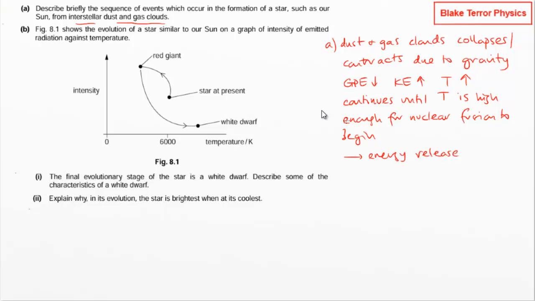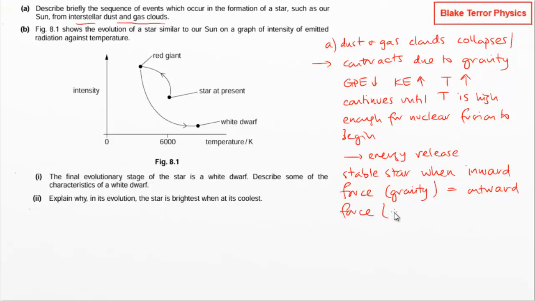And we need to say how we end up with a stable star, because we've got this collapse, this contraction, which is what we've set up here. So we can say that a stable star is formed when the inward force due to gravity is equal to the outward force.